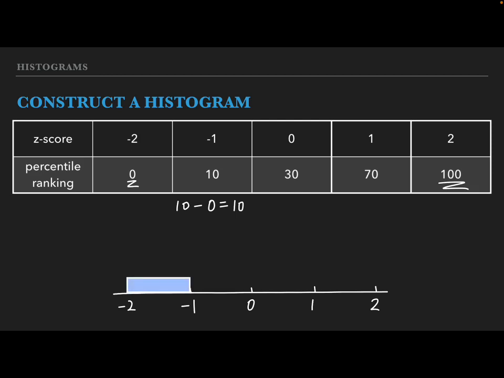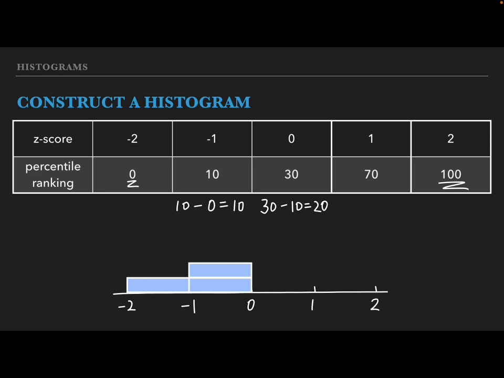So let's use a block to represent the 10% of the data. Similarly, 30 minus 10 equals 20%. So 20% of the data is larger than a z-score of -1 and smaller than a z-score of 0. So let's use two blocks to represent the 20% of the data.